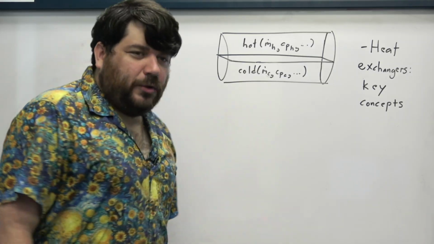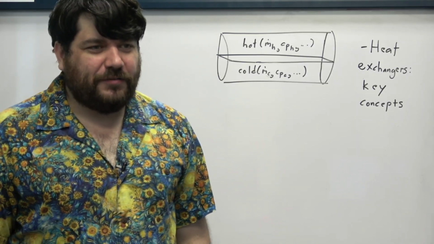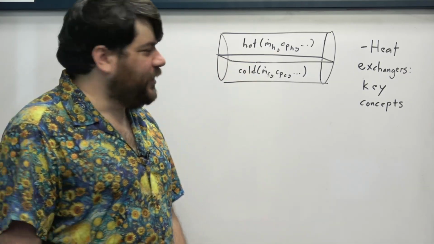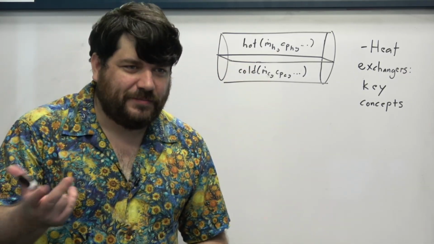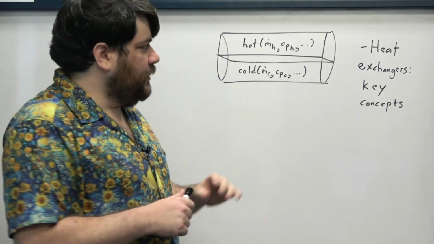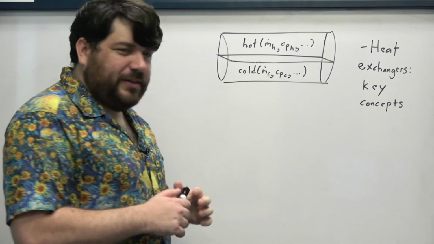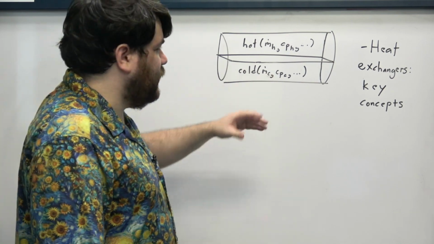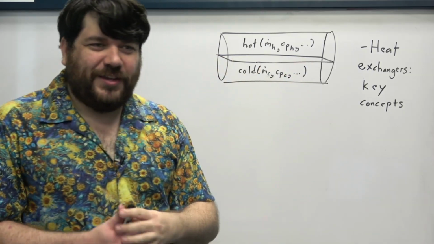And then you would have a cold fluid, which is separated from the hot fluid by the little flange, or whatever you want to call it, with a different mass flow and a different specific heat capacity and a different density.